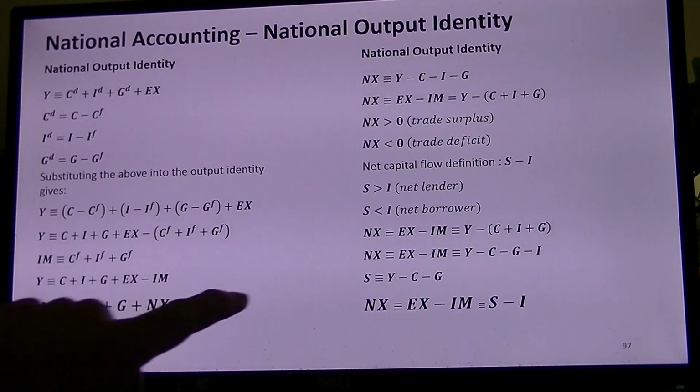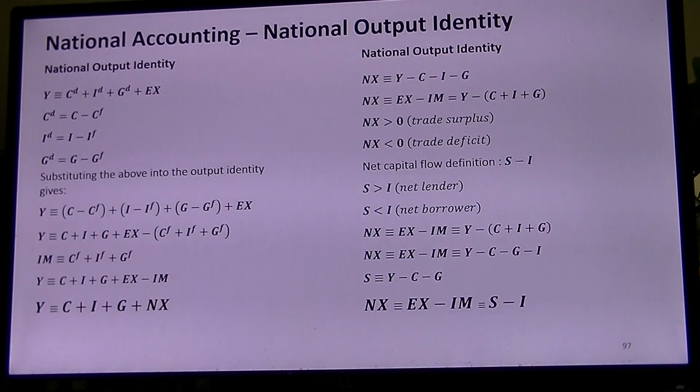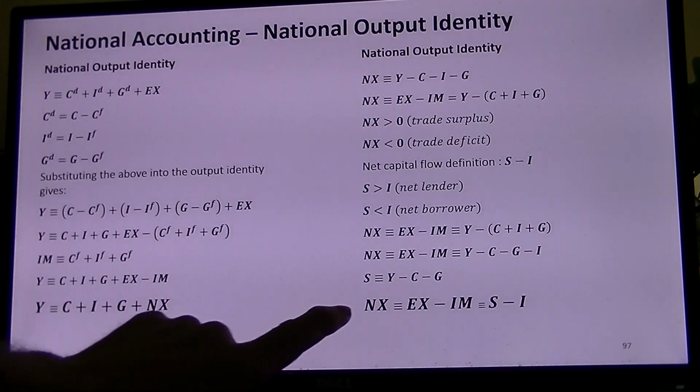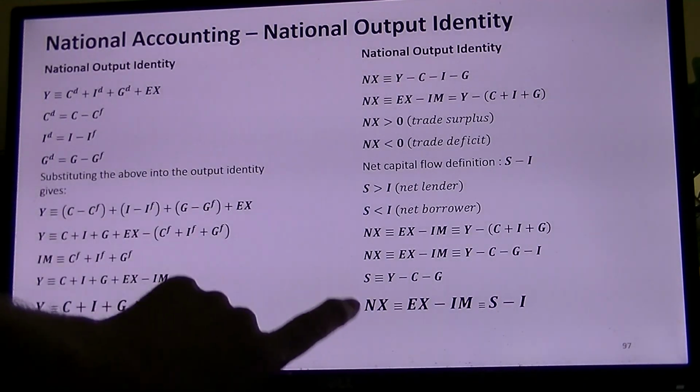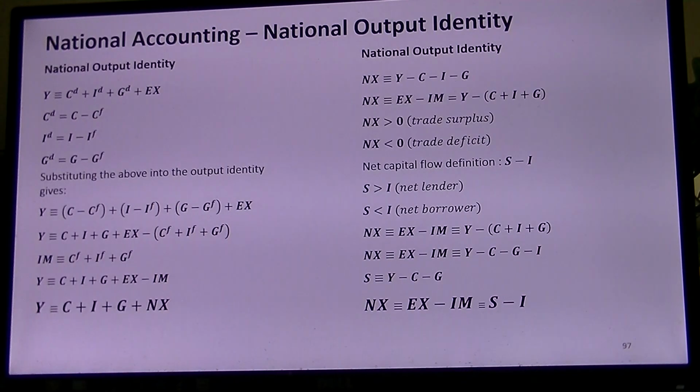This is very important to understand, and when you understand that, you're going to understand something that most people do not understand. So keep this in mind when you hear people talk about trade surpluses or trade deficits as if a trade surplus or a trade deficit is by itself a good or a bad thing. Remember that all a trade surplus or deficit tells us is whether a country is a net exporter or importer.